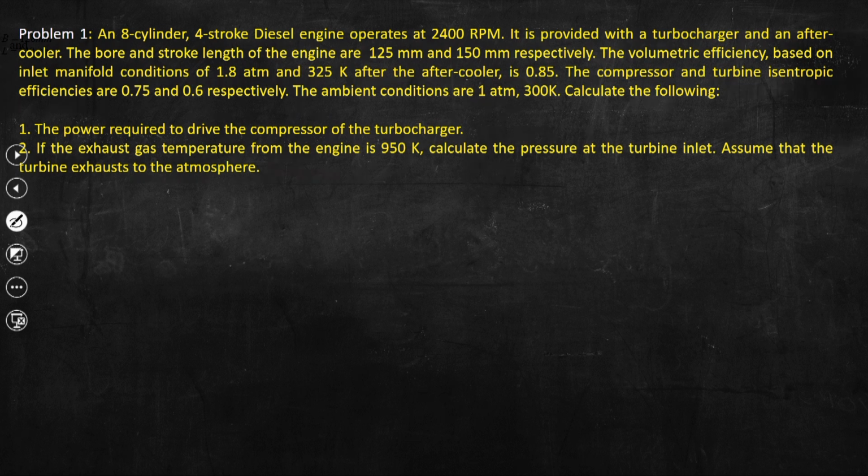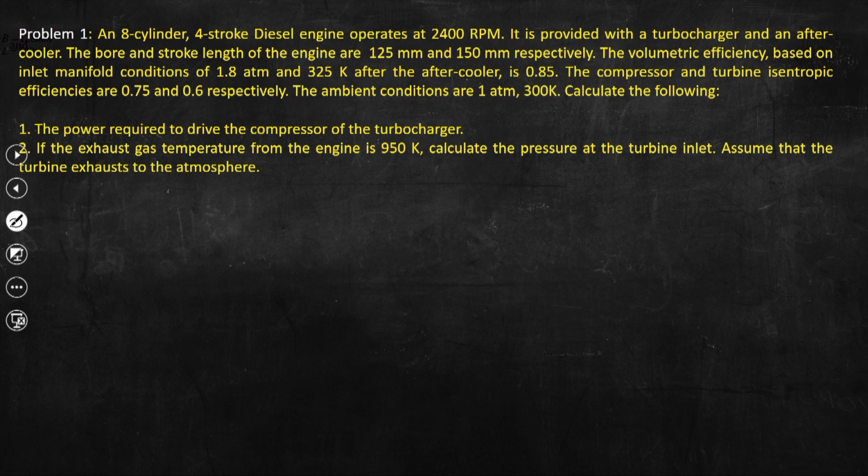The bore and stroke length of the engine are 125 millimeter and 155 millimeter respectively. The volumetric efficiency, based on inlet manifold conditions of 1.8 atm pressure and 325 Kelvin temperature after the aftercooler, is 0.85.